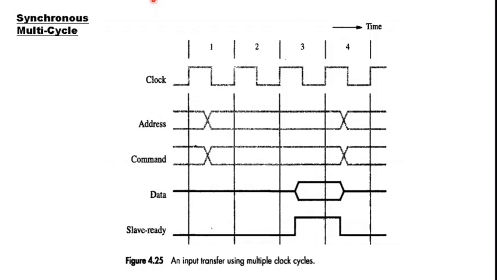Okay, so again there is a timing here with respect to clock cycles 1 and 4, right? The beginning and end are clearly demarcated. The in-between clock cycles are actually decided by the slave, or the length of the in-between transfers is actually decided by the slave. Okay, so this is an enhanced synchronous protocol, not a synchronous multi-cycle implementation.